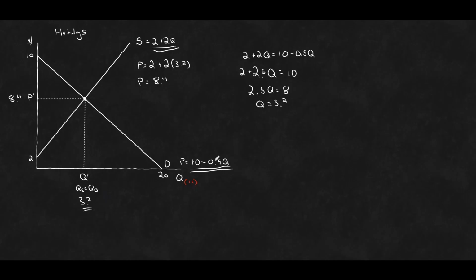To confirm, we should get the same answer if we use our maximum willingness to pay. We get a price equal to 10 minus 0.5 times 3.2. Half of 3.2 is 1.6. So 10 minus 1.6 is a price of 8.4.